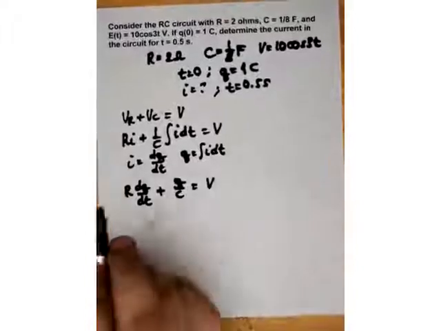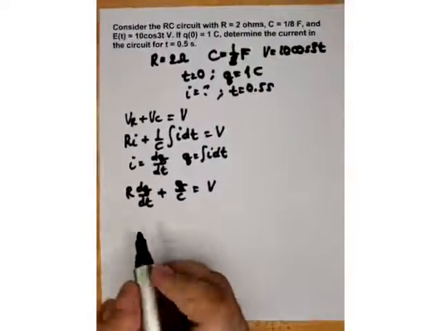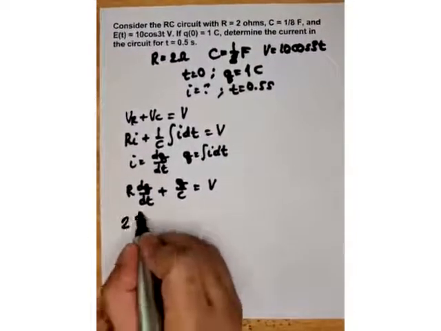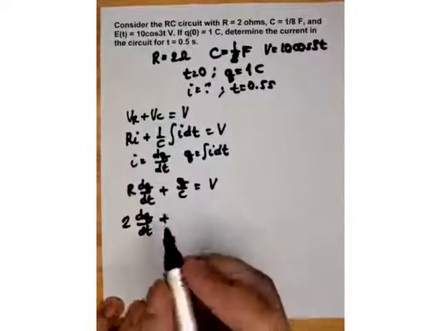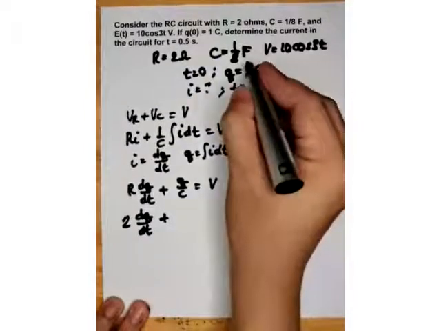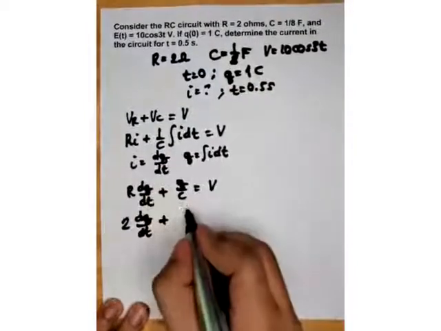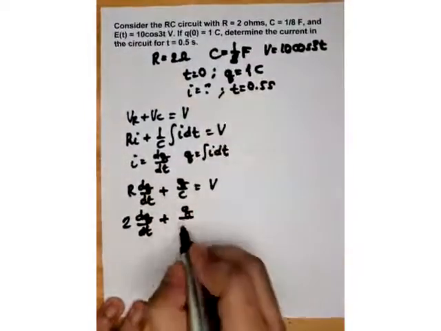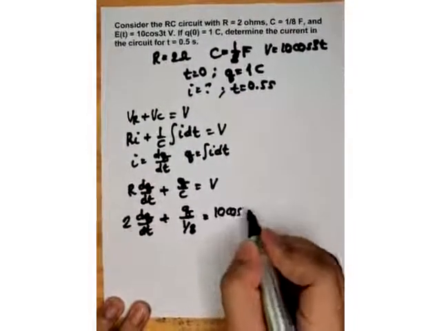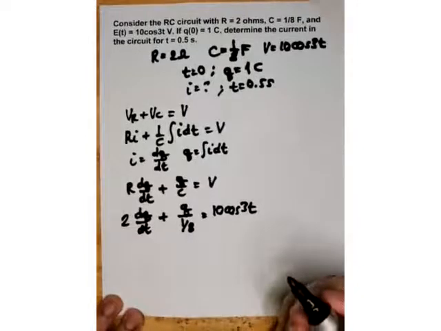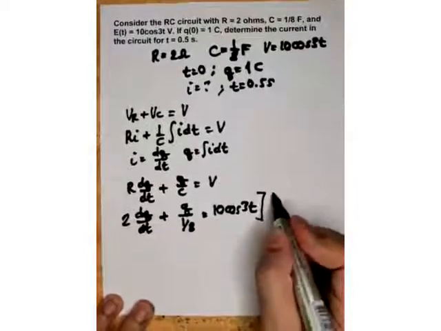So let's substitute. So R is 2. So 2 dq over dt plus q over 1/8 is equal to 10 cosine 3t. Ayan. So let's multiply this by 1/2.